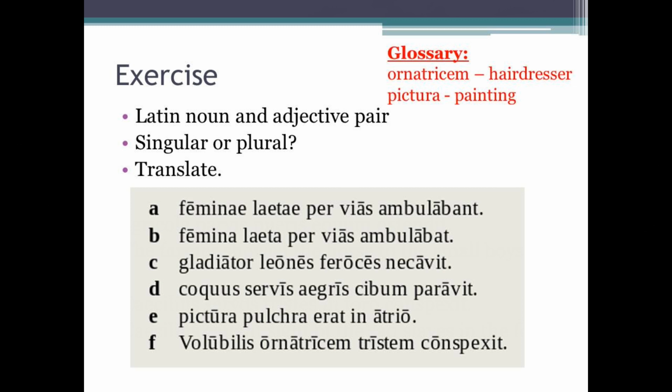E. Pictura pulchra. Singular. A beautiful picture or painting was in the atrium. F. Ornatricem tristem. Singular. Volubilis caught sight of the sad hairdresser.